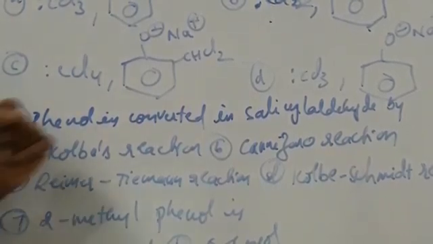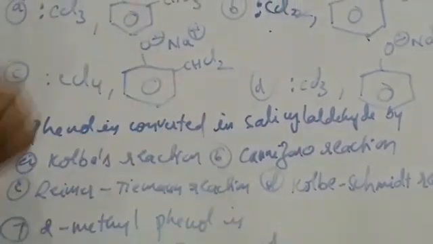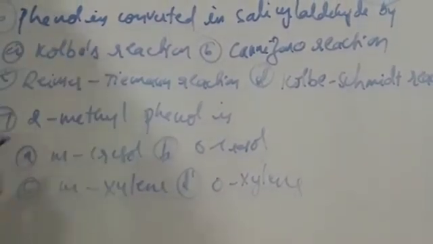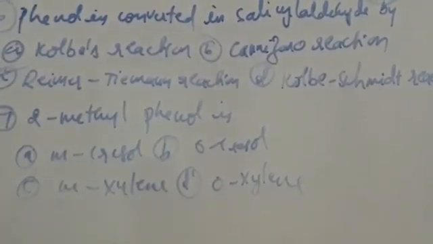Just now I told you. So in Reimer-Tiemann reaction, phenol undergoes reaction with chloroform and sodium hydroxide. We get benzal chloride intermediate there. From benzal chloride intermediate, finally we get salicylaldehyde. Okay. Salicylaldehyde is the final product. And the reaction is called Reimer-Tiemann reaction.